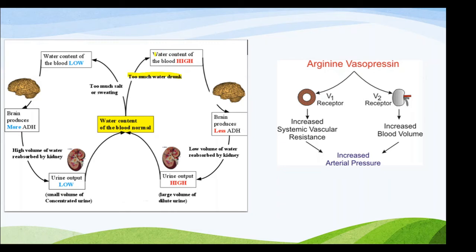What happens is your water content in the blood becomes high, and the brain produces less ADH because you have enough water. When the brain produces less ADH, less volume of water is reabsorbed by the kidney, and the urine output becomes high, right? And the water content of the blood comes back to normal.